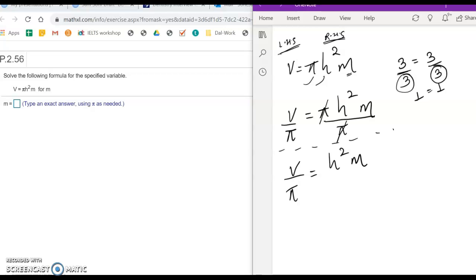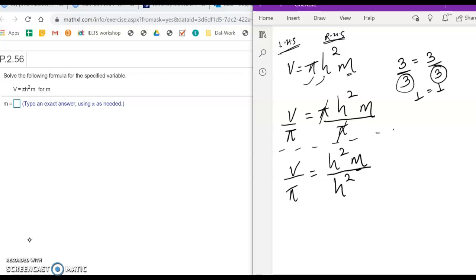Now our next step is to get rid of this h square. See what I'm trying to do? I'm trying to keep m on one side because the question says solve for m. So who's the funny guy next to m? It is this h square. So I don't have to worry about thinking h or h square. Whatever is written here, I'm going to divide by h square. When I do something on one side, I must do it on the other side as well.